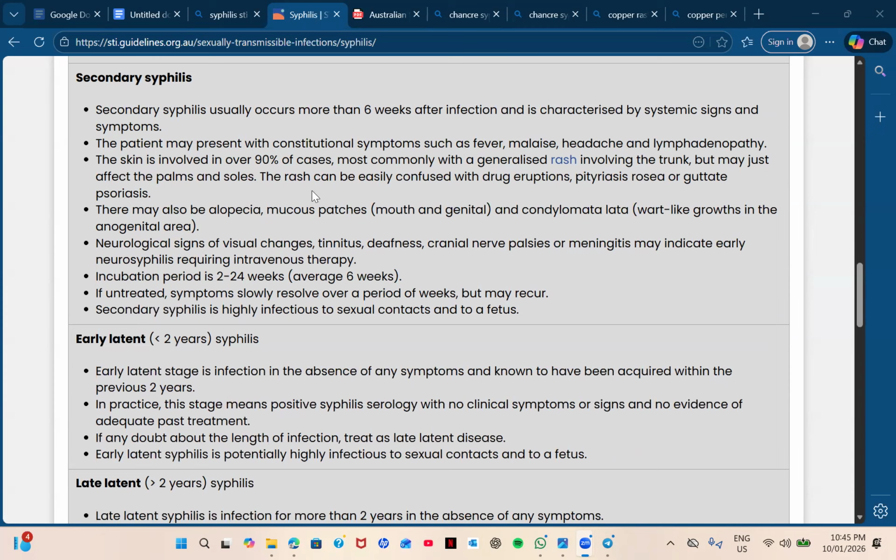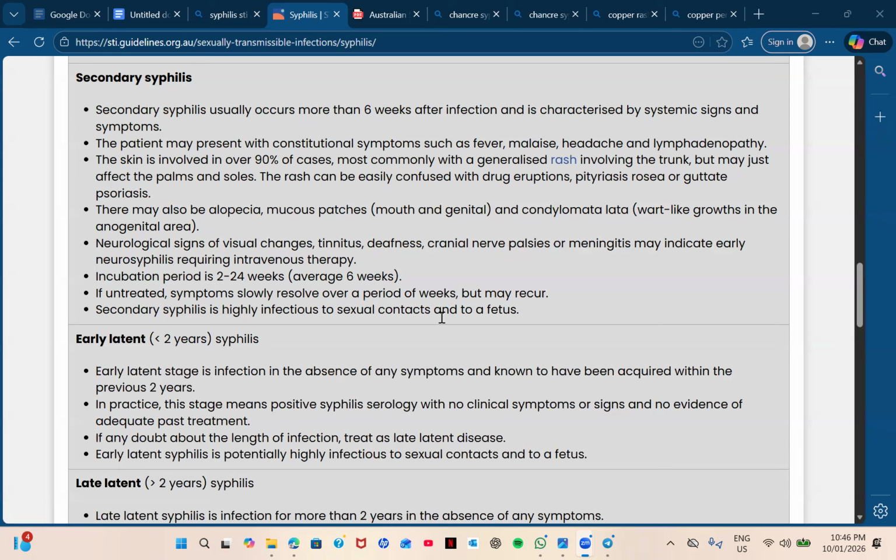In secondary syphilis, you have to write down the constitutional symptoms: fever, malaise, headache, and lymphadenopathy. Other than that, the main specific feature is the copper rash, which I have described. Then we can see condylomata lata, a wart-like growth.